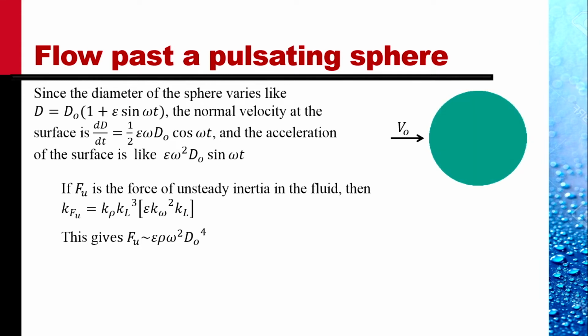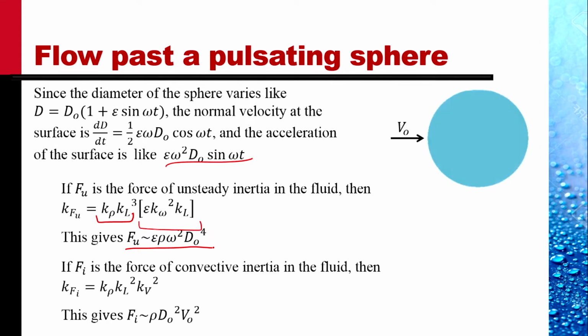The scale factor for that, Kfu, is K of mass times K of acceleration, which is epsilon omega square d naught sine omega t. So Kfu is K rho KL cube, which is K for mass, and this is the K of acceleration from here. This gives the unsteady force varies like epsilon rho omega square d naught raised to power 4. This is the unsteady force.